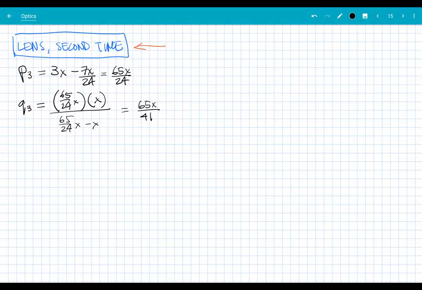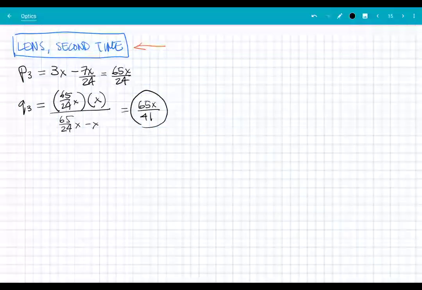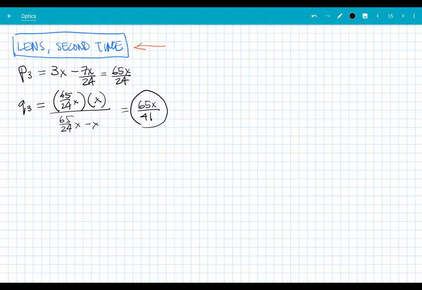Again, that's positive. So that's a real image. This is my last image, right? This is the final image I'm creating. So I am serious about wanting to describe this because that's what the problem's asking for. So the final image is real. I know that because Q3 is greater than 0.